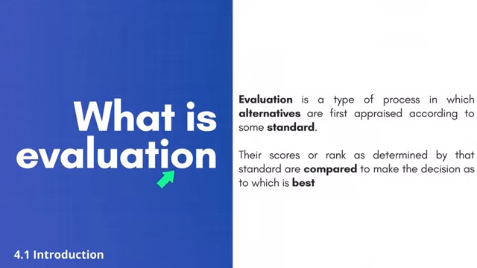What is evaluation? Evaluation is a type of process in which alternatives are first appraised according to some standard. The scores or rank as determined by that standard are compared to make the decision as to which is best.